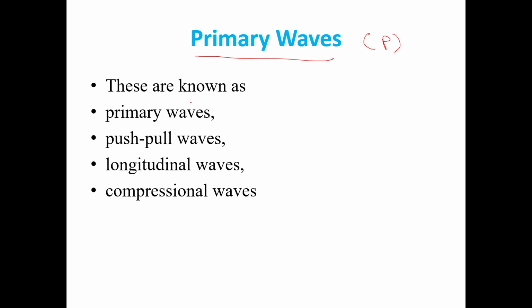There are many different names for these waves. The first name is primary waves. This is also called push-pull wave. It is also called longitudinal waves, also called compressional waves. So these are all the same: primary waves, push-pull waves, longitudinal waves, and compressional waves.